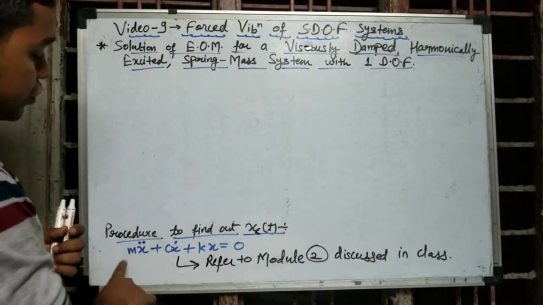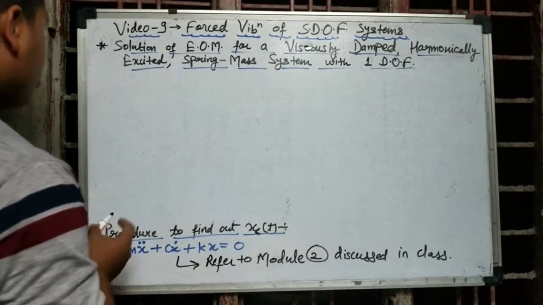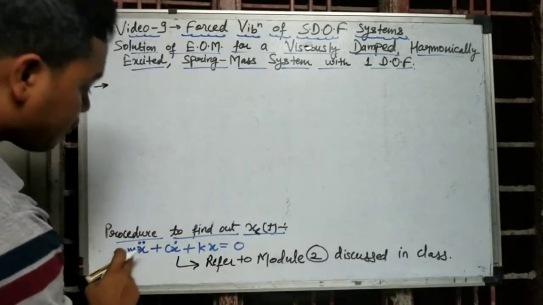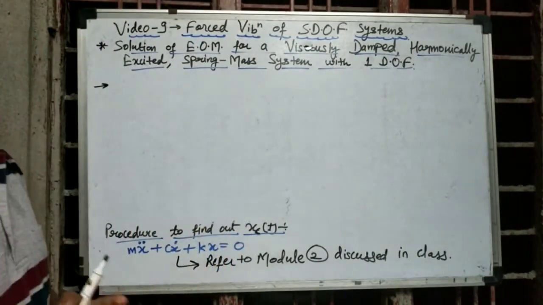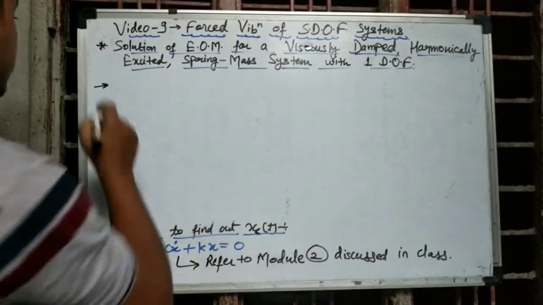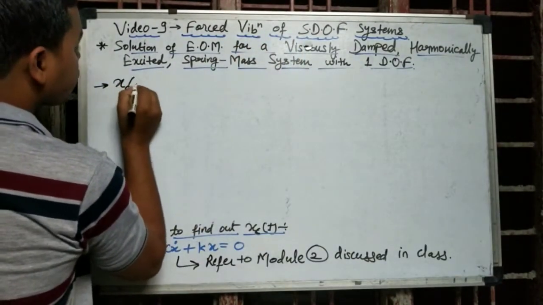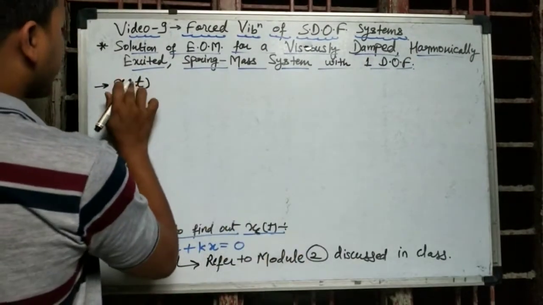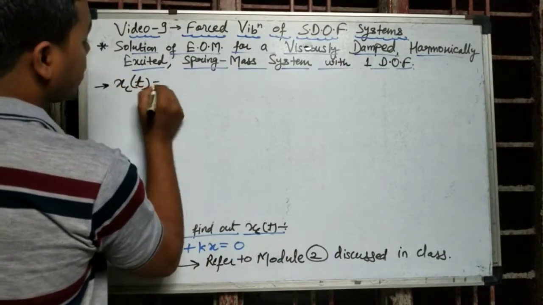I'll write the general solution of this kind of equation of motion, which is the complementary function part of the given system's equation of motion, x_c(t). Once you refer to module number 2, you will easily get x_c(t).